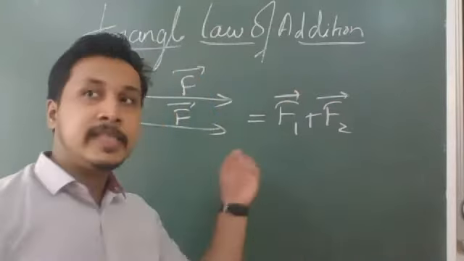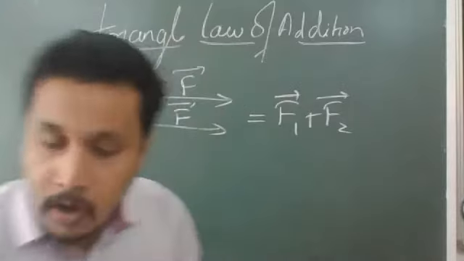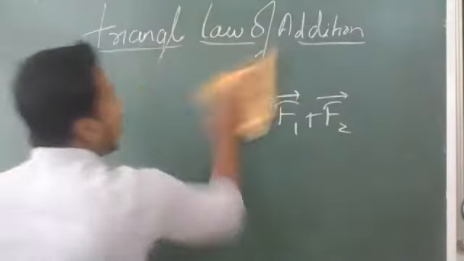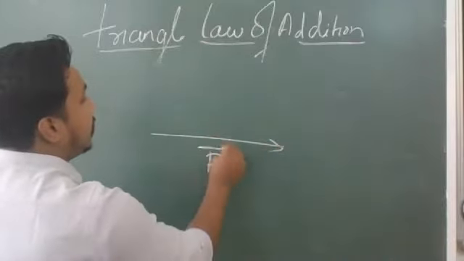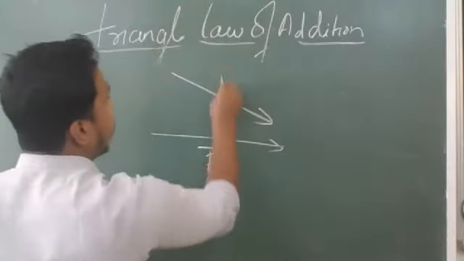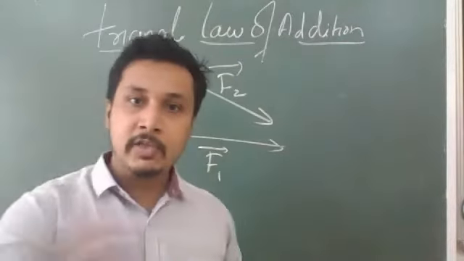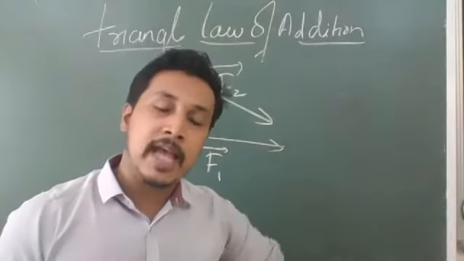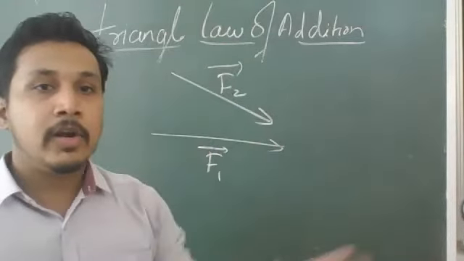It was easier than easy. But what if they are acting in different directions? Can you add F1 plus F2 like the algebraic summation we did previously? No, we cannot add that way.